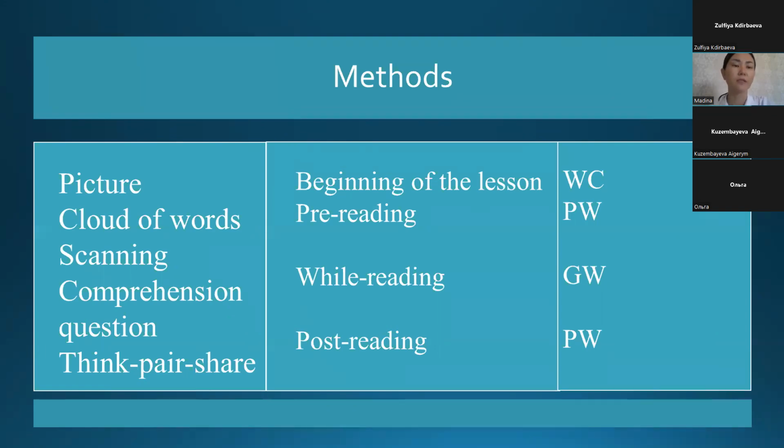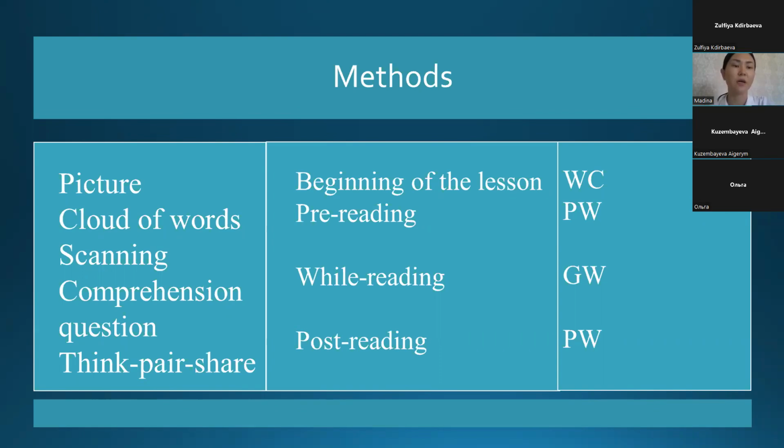When they face the text, we use scanning reading at the while reading stage to achieve reading skills. Scanning refers to reading to find specific information. Learners may use headings and any other clues that will help them identify which part of the text might contain the needed information.